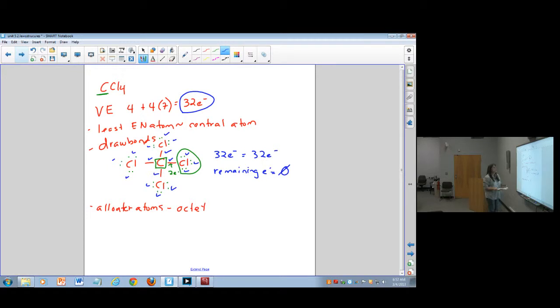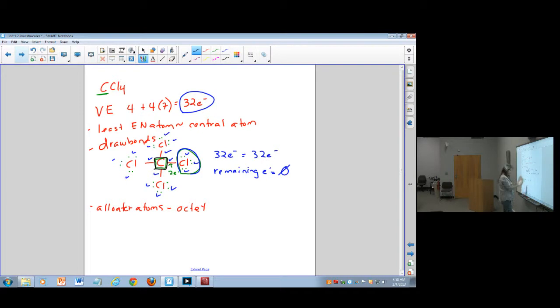Okay, so we now need to check. Not only do we have to have all the outer electrons with the octet, like this one was, but the central atom also has to have an octet.